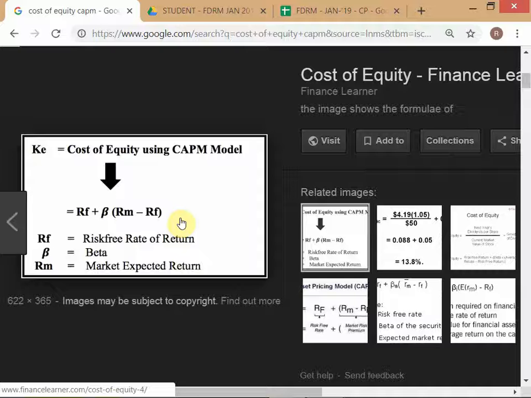Now if I change this formula and put in the natural logarithm of beta and then the square root of Rm, then the output will be different. Is that correct? Yes, sir. By changing the specification, I will have a different type of output. It will still remain an endogenous variable, but will have a different value because the model structure will lead to a different output. Is everyone clear about exogenous, endogenous?